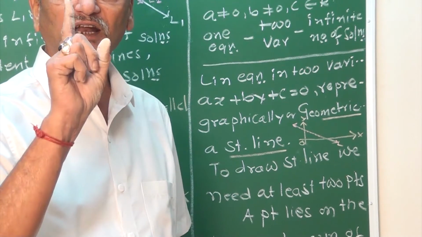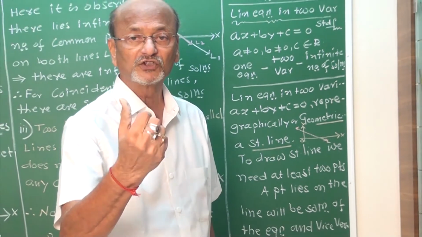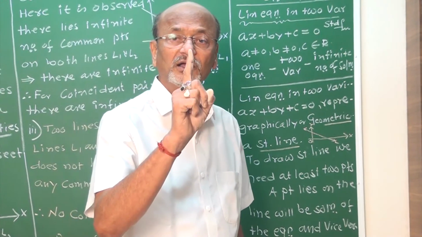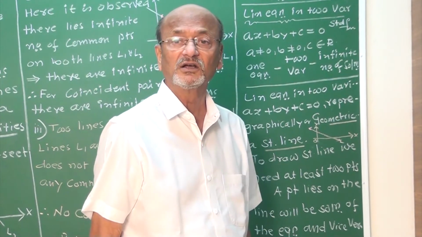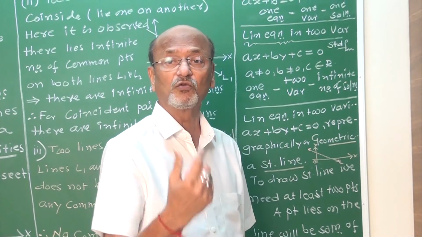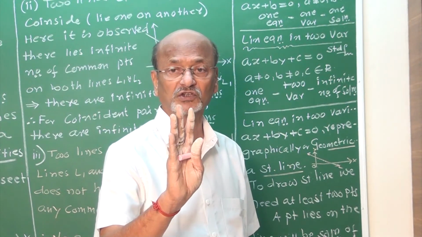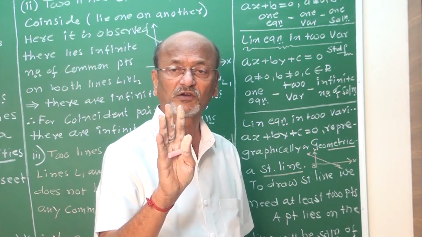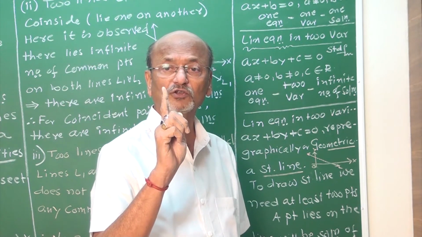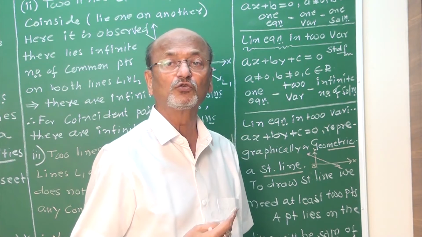A point which lies on the line is a solution of the equation. Everything I have shown in the previous video. I have even shown a point outside the line, by taking (1, 1), that will not satisfy the equation of the line. When it doesn't satisfy, it is not a solution. What is the solution? Solutions are the values of x and y such that those values must satisfy the given linear equation in two variables.